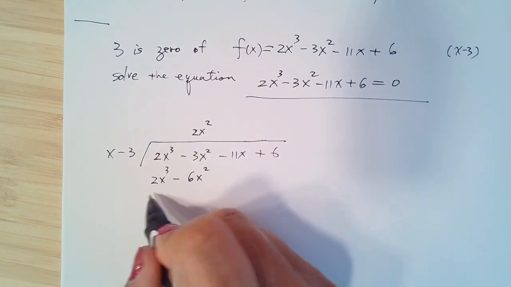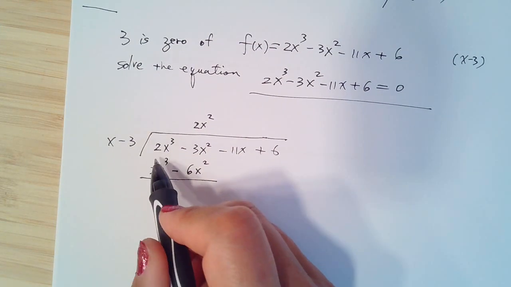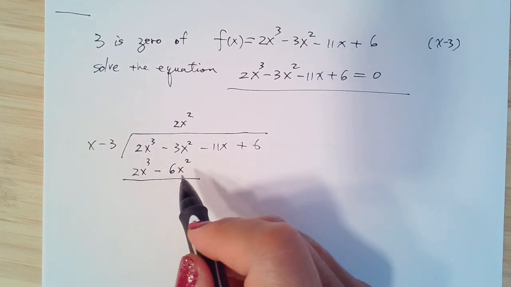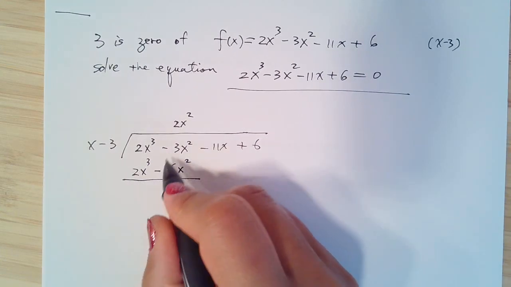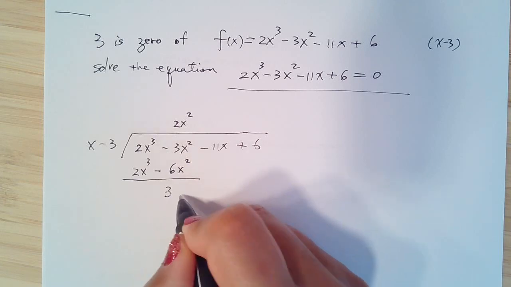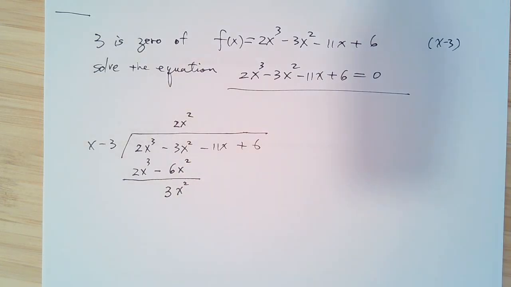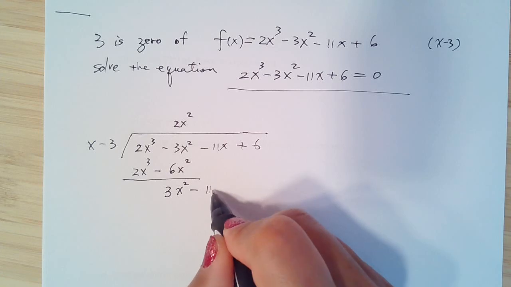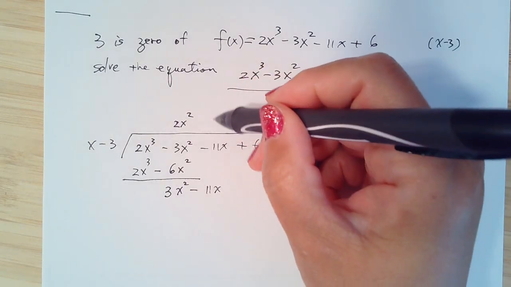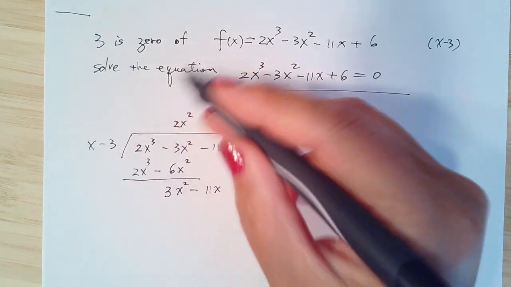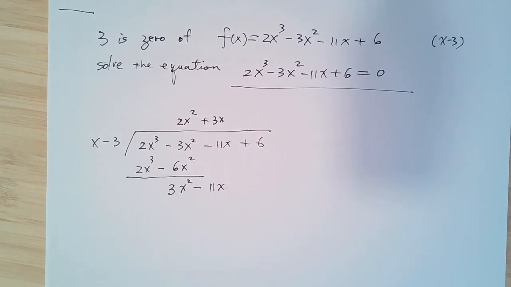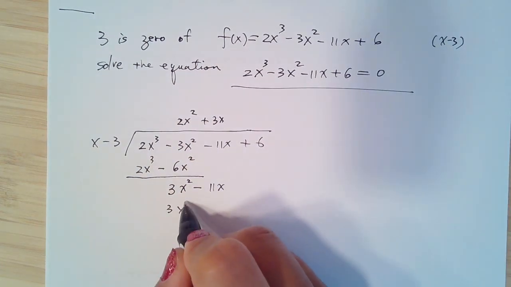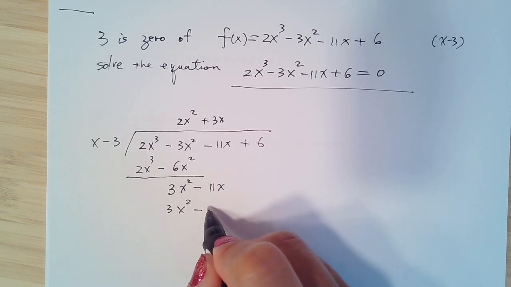Do 2x cubed minus 2x cubed is nothing, and negative 3 minus negative 6, I get negative 3 plus 6, so I have 3x squared. And then drop down this. Next one, I need to find something that multiplied by x gives 3x squared, which is plus 3x. So that's a 3x squared minus 9x.